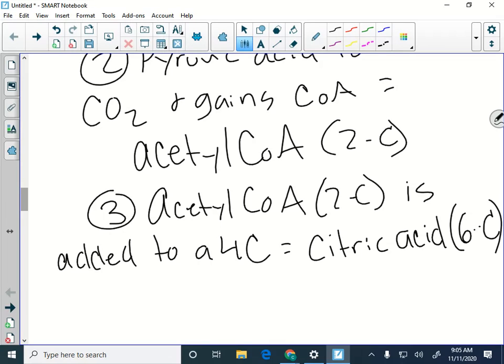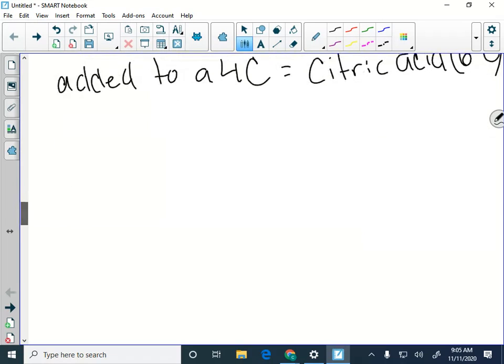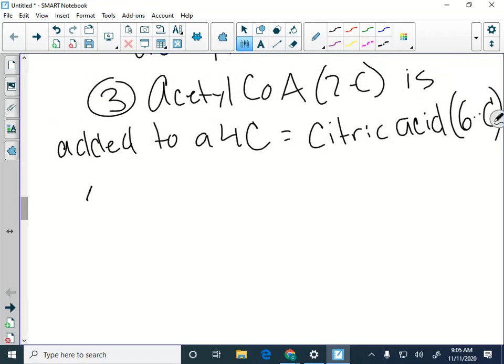That CoA helps bind to this 4C intermediate, and we get citric acid. Citric acid is a 6-carbon molecule.